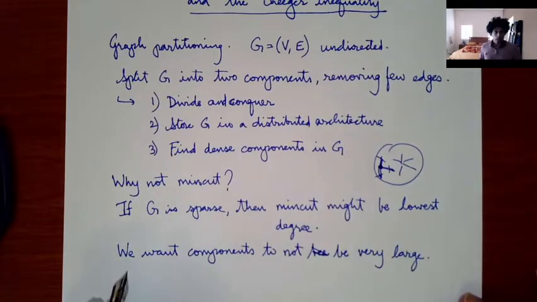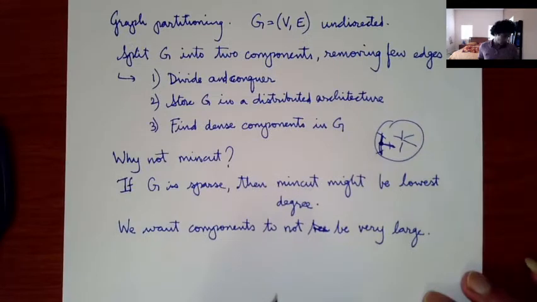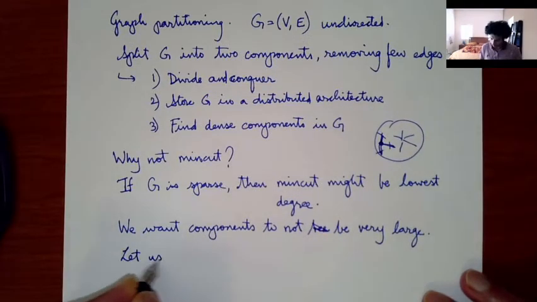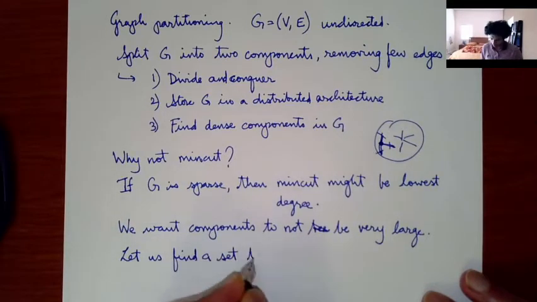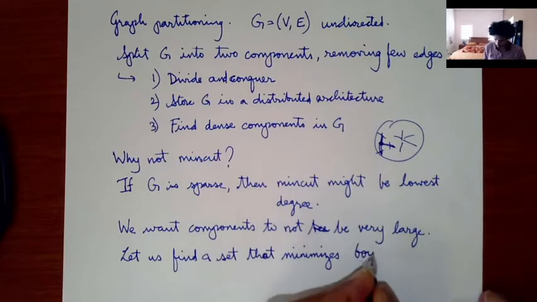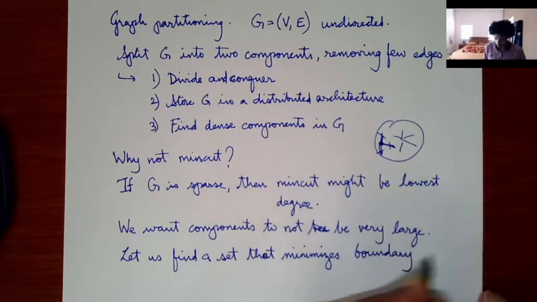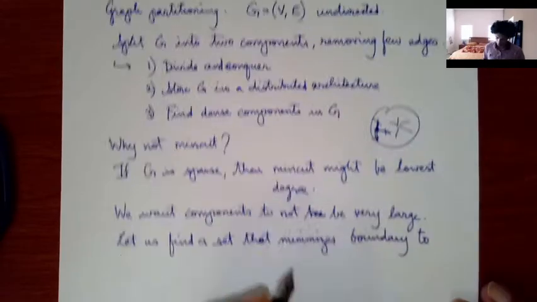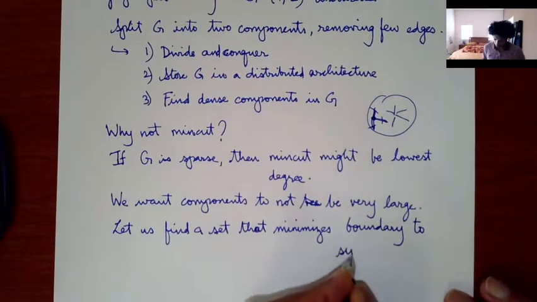And so a natural way of looking at this is to say, let us find a set that minimizes the boundary to size ratio.